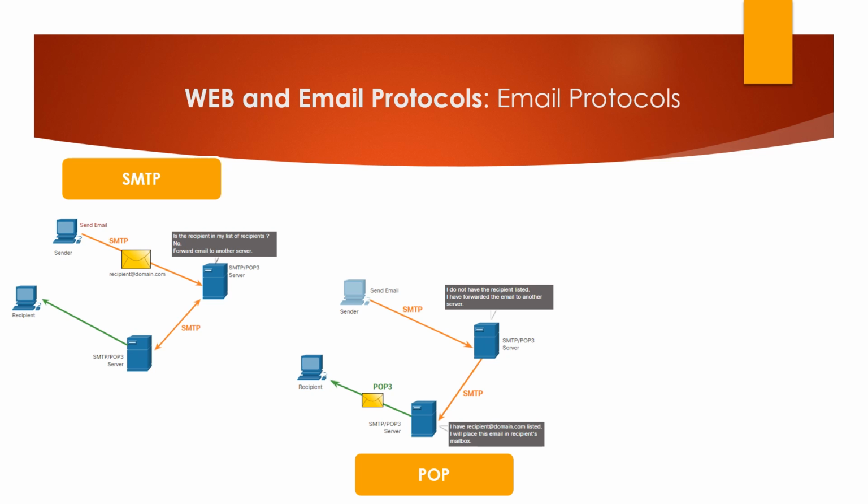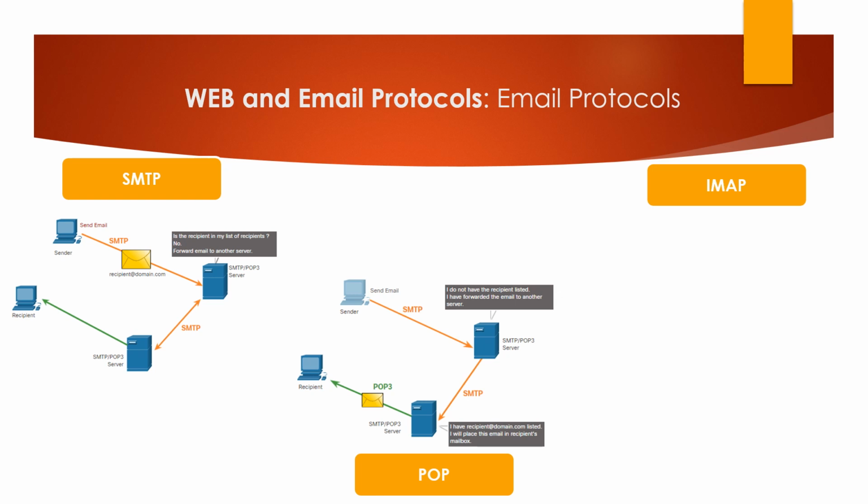And because the Post Office Protocol does not store messages, it is not recommended for a small business that needs a centralized backup solution. The most commonly used version of the Post Office Protocol is version 3.